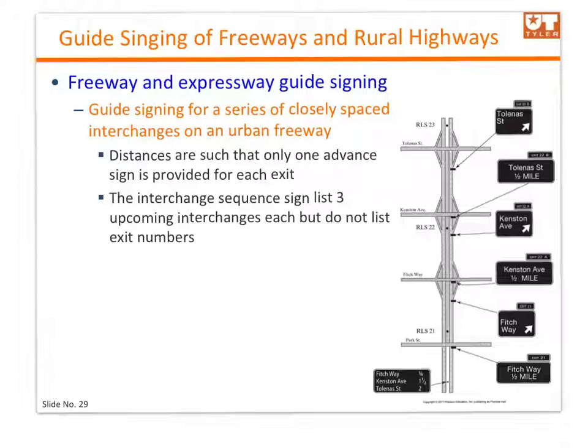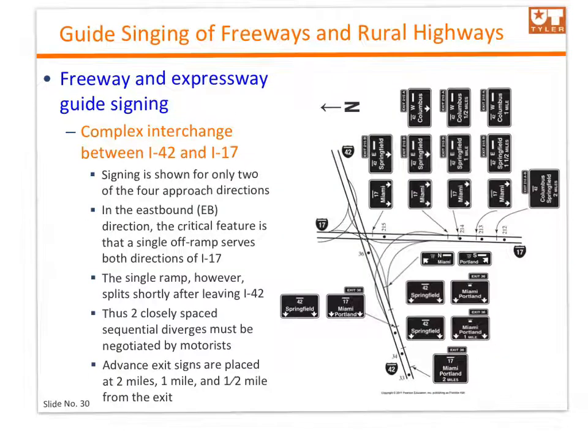So it's pretty different here compared to the rural one, where exits are 5 or 10 miles apart, compared to the urbanized one where you can't add too many advanced signs, otherwise it will be really confusing. This is a very interesting example for a big and complex interchange between I-42 and I-17.